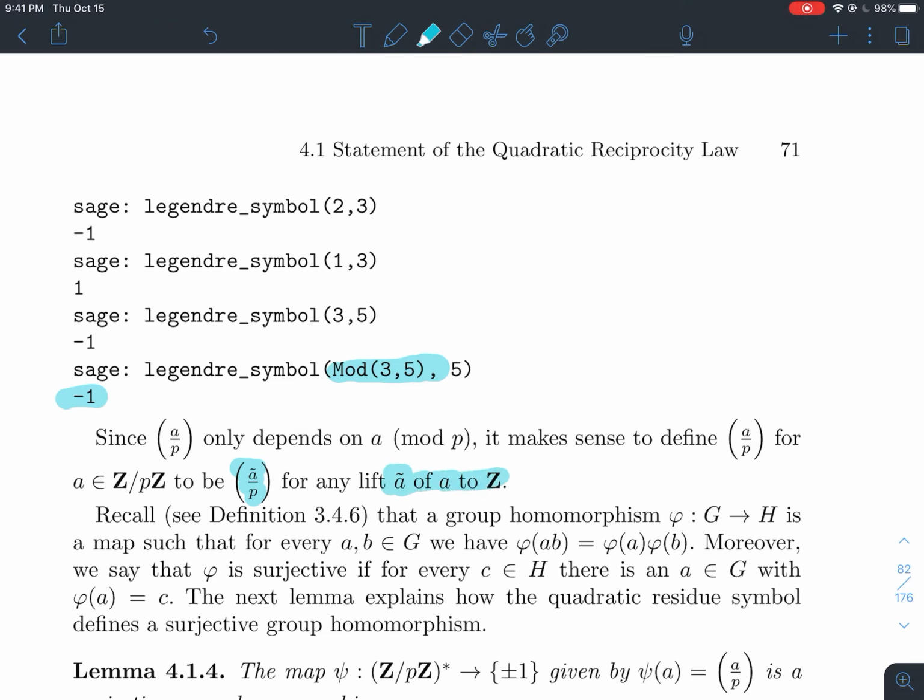So what do I mean by that? What are some of the lifts of 3 plus 5Z, if I want to denote that equivalence class that way? Some of the lifts would be 3, that's a good lift. Then 8 is a lift. And if I added 5 more, 13. What I'm saying is that if you plugged in 8 or 13 into the Legendre symbol mod 5, you should also get the same answer. It should be -1. So the Legendre symbol respects these equivalence classes.